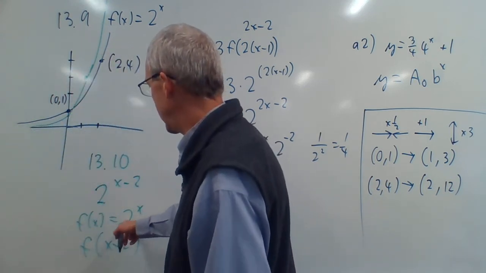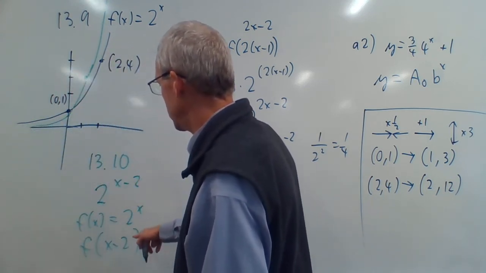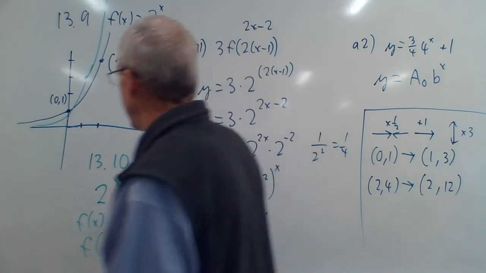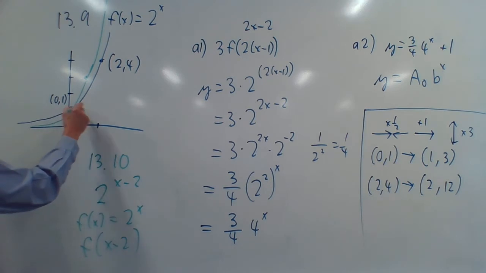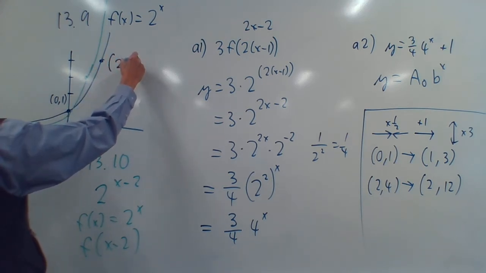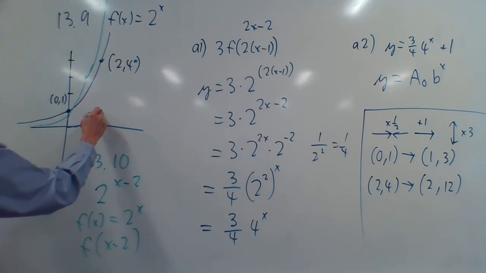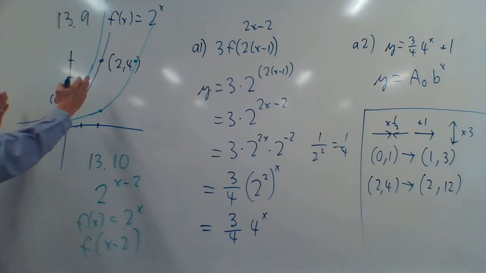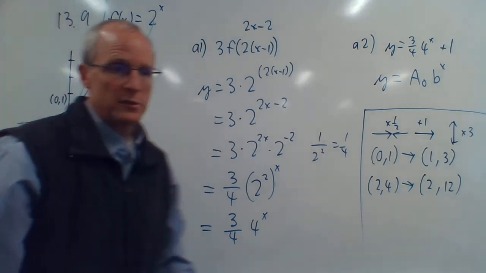Right? Because we replace the x with x minus 2. So all we're doing is shifting it to the right 2. This dot goes here to 2, but it looks exactly the same, so it kind of goes down and goes up like that. We're just taking the blue graph and shifting it over 2.